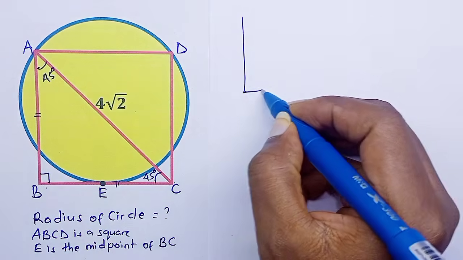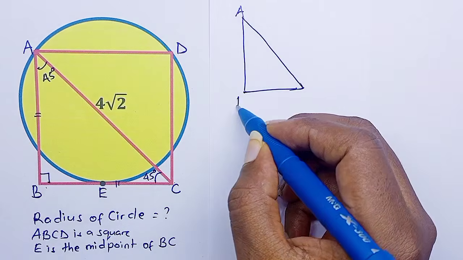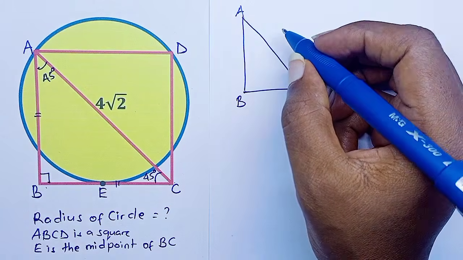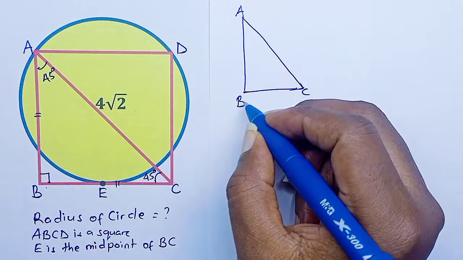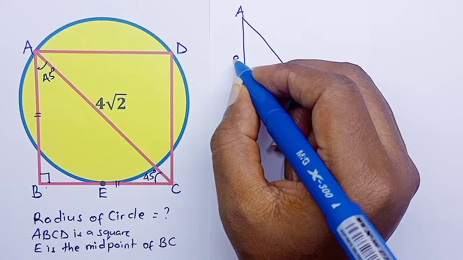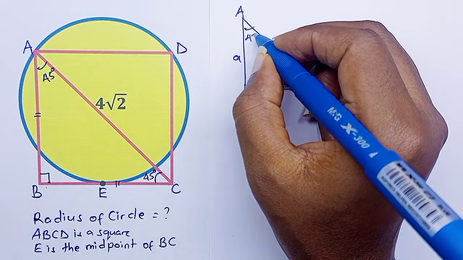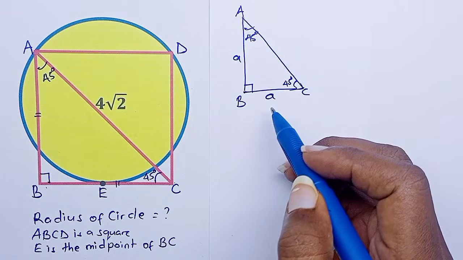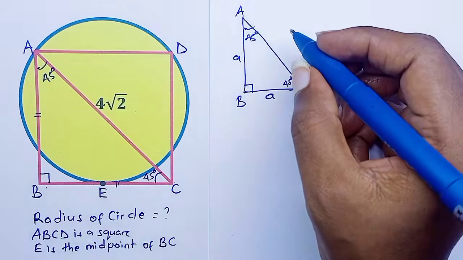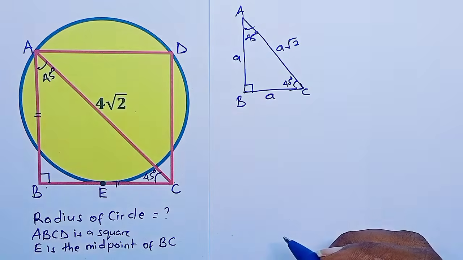So this is what I mean. So this is A, B, C. This is 90 degrees, this is A, and this is A because this is 45 degrees, and also this is 45 degrees. So if this is A and this is A, then the hypotenuse is A times root 2.